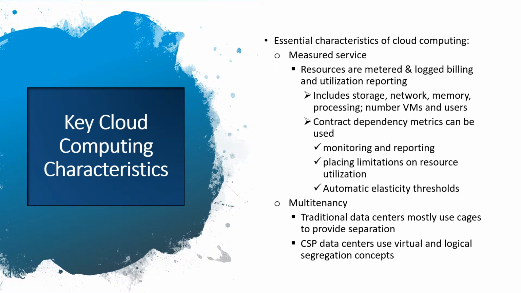Now, one key item to notice over here is multi-tenancy. Traditional data centers have cages around the equipment. I was the director of data center operations for one of the tier 3 data centers that my company put together in the early 2000s in what's called the Midwest.